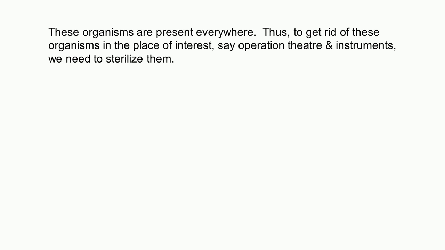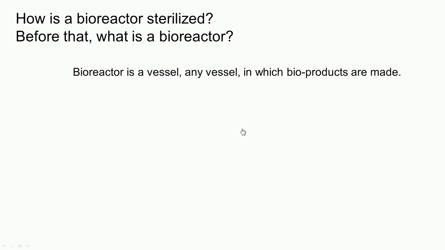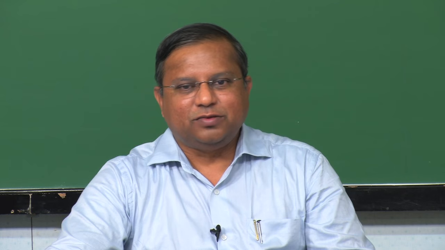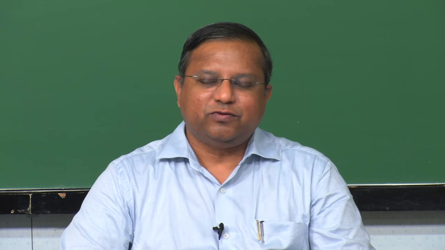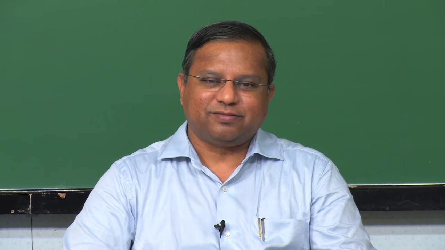Then we saw that these organisms are present everywhere and started looking at how to get rid of them in an operation theatre. We looked at some means of getting rid of them, and then we looked at what a bioreactor was. Let us stop this lecture here. That was good enough new information for you. In the next lecture, let us take things forward with shear in the bioreactor. See you then.